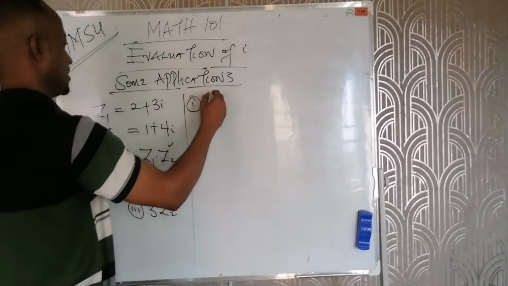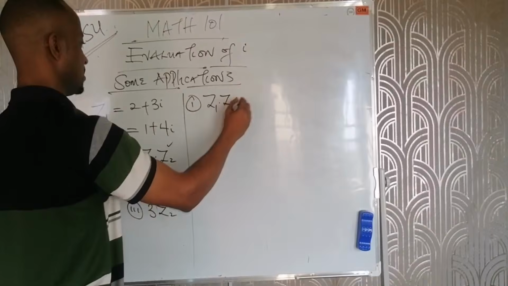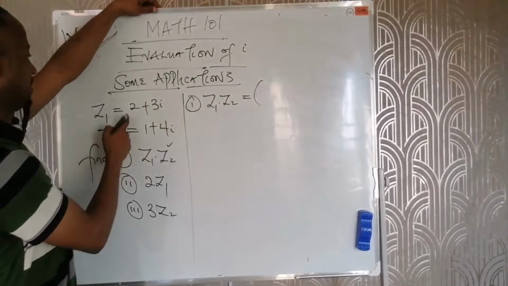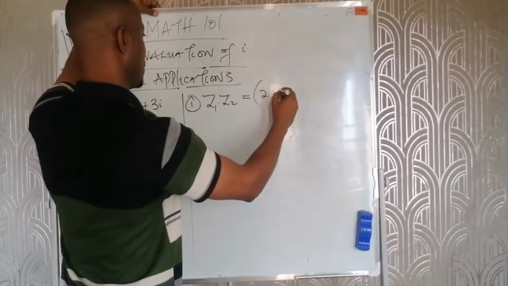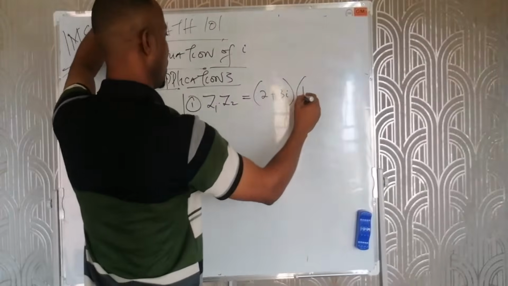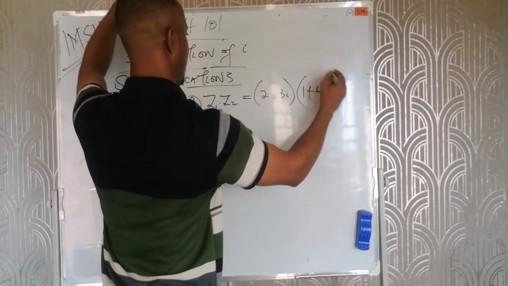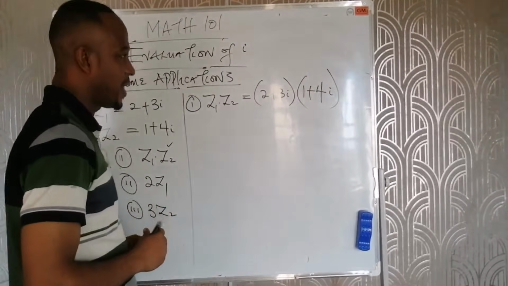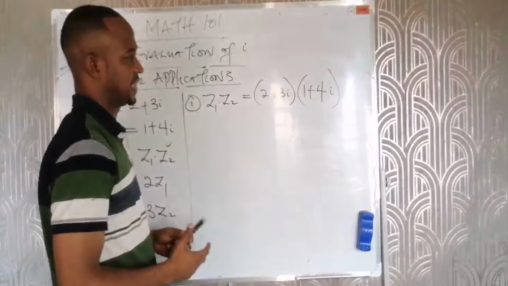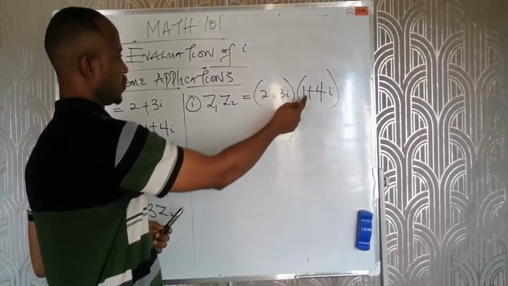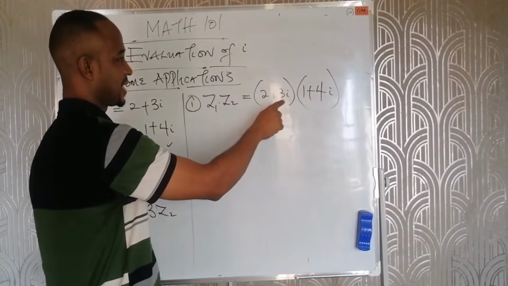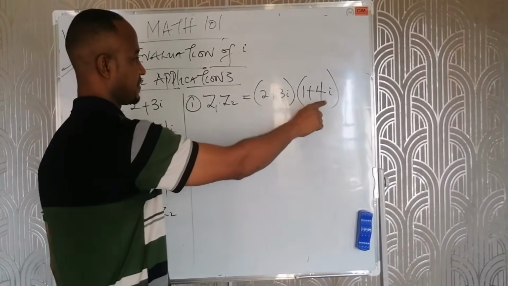Now to solve the first one, this is very simple. Number 1 says find z1 times z2. Our z1 is 2 plus 3i times z2, which is 1 plus 4i. What we have to do here is a simple multiplication process. Multiply this 2 with 1, multiply this 2 with 4i, multiply this 3i with 1, then 3i with 4i.